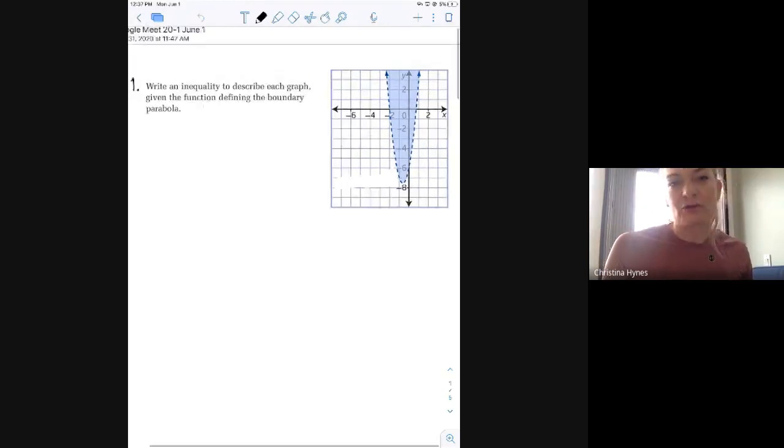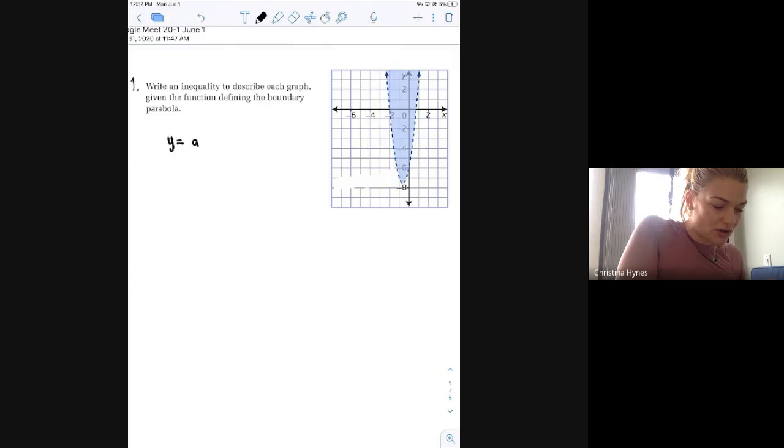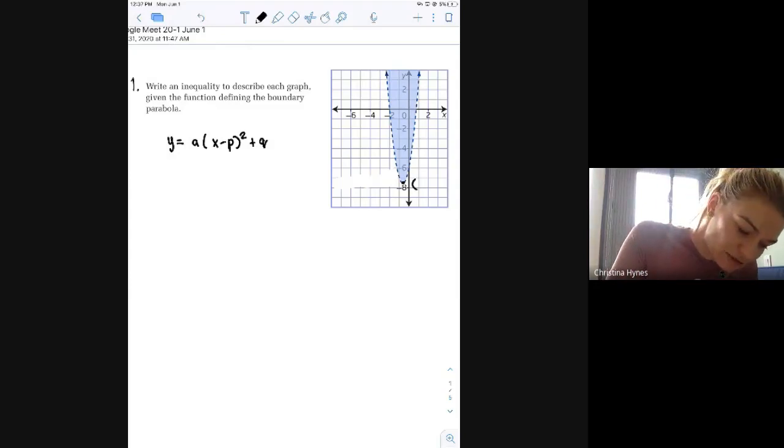So what you're going to start with for question 1 is writing the equation of a quadratic in vertex form. Then you're going to complete this as if it was a quadratic. So you're trying to get the equation of the quadratic first. You're going to find the vertex, and on your assignment, I should have given it to you. On this one, I'm assuming it's about negative 0.75 and about negative 7.5.